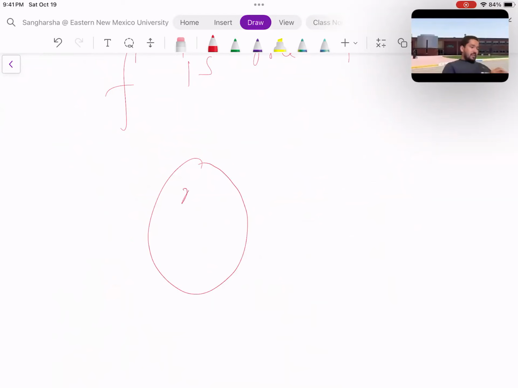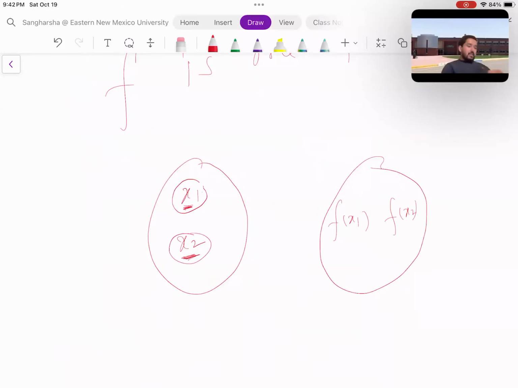Okay, now here, for example, what we had, x1 and x2 as two different inputs, right? Now we assume that the output for input x1 is f of x1, and the output for x2 is f of x2. Initially, we had x1 and x2 different, but we considered their outputs are the same.